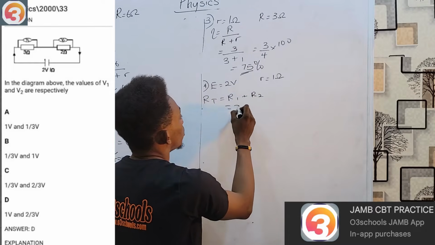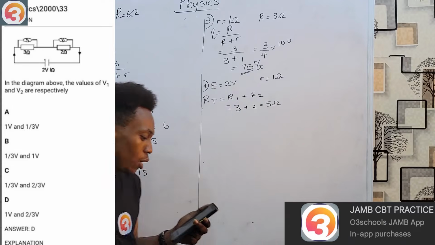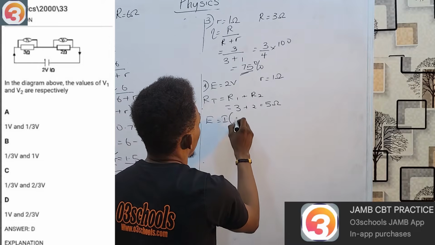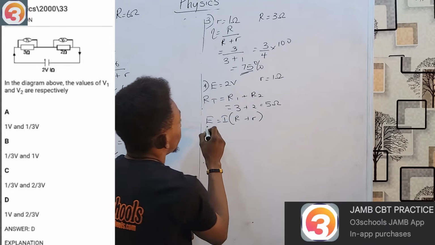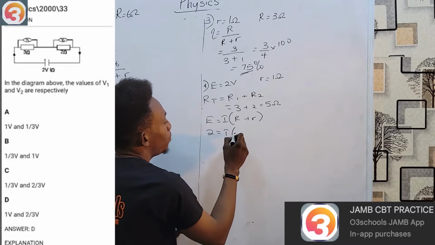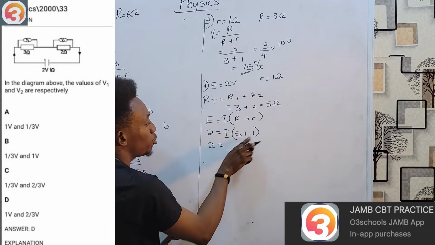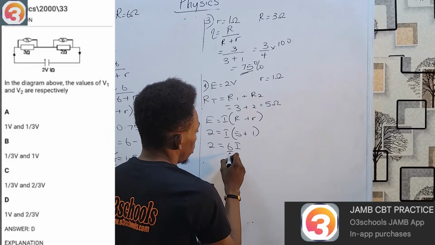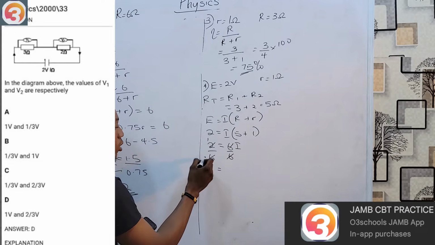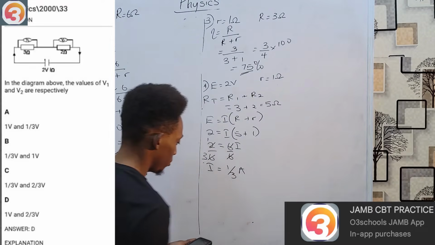So that will be 3 plus 2, giving me 5 ohms. Therefore, now I can find my current. E equals I into R plus r. So my E is 2, my I is unknown, my big R is 5, and the small r is 1. That means 5 plus 1 is 6, so I equals 2 over 6. I is 1 over 3 ampere.